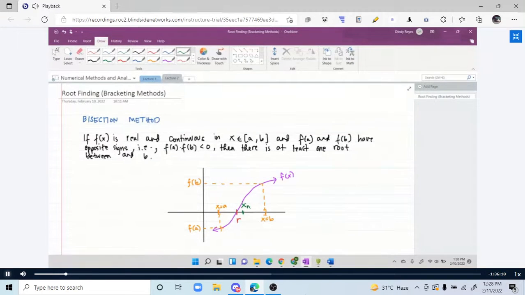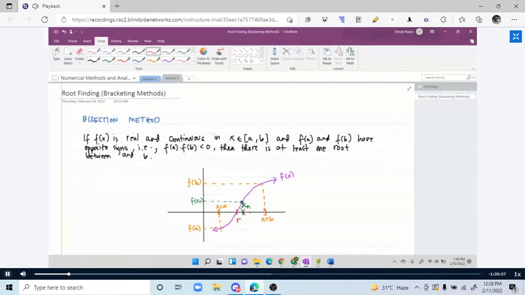This is x sub n, so this is now f of x sub n. By dividing the interval from a to b into two equal parts, you will now have two different intervals with the same length. One interval would be from a to x sub n, and the other would be from x sub n to b. Now, one of those two intervals will still contain the root r, right?